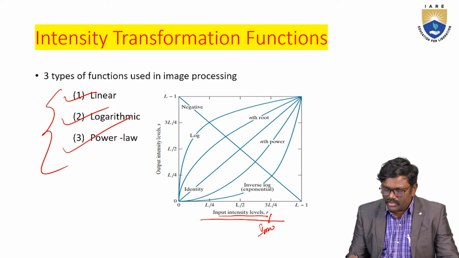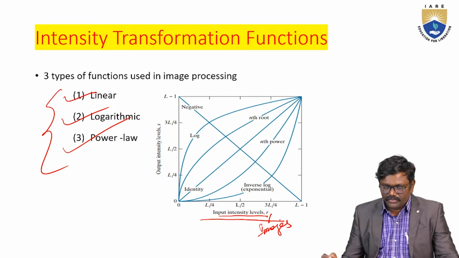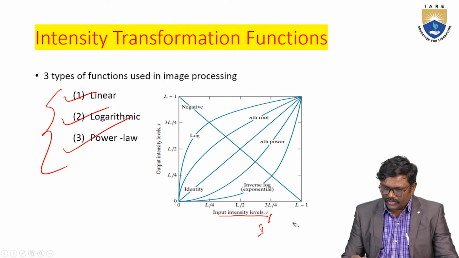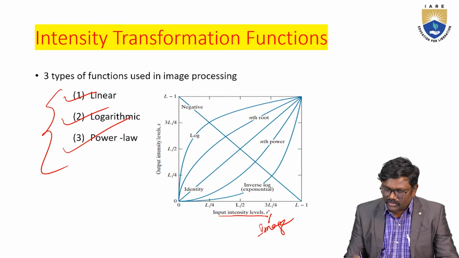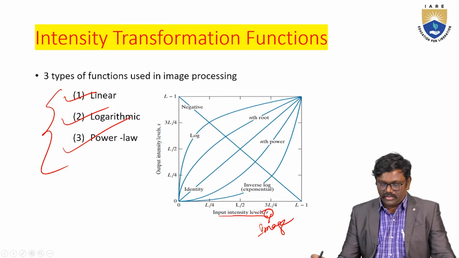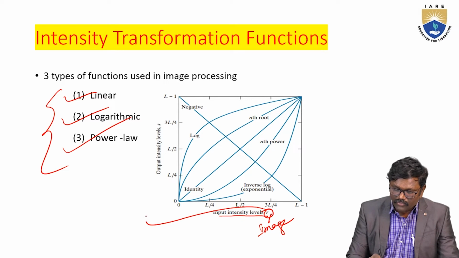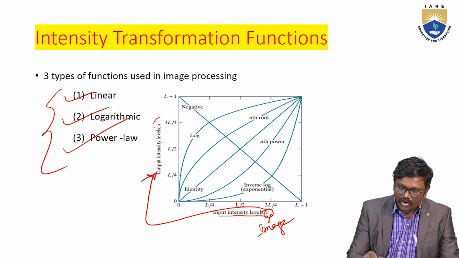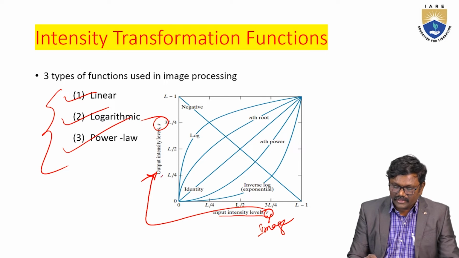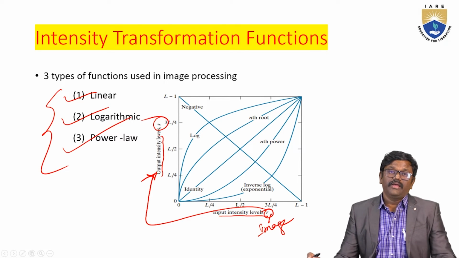Those levels of the image we are going to represent by small r. Next, this r we are going to connect with small s. What is s? s is nothing but the output intensity levels.